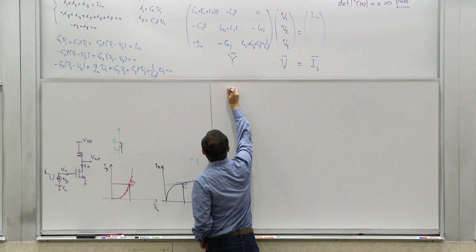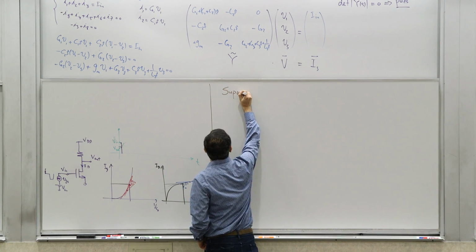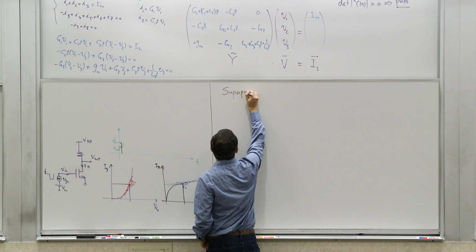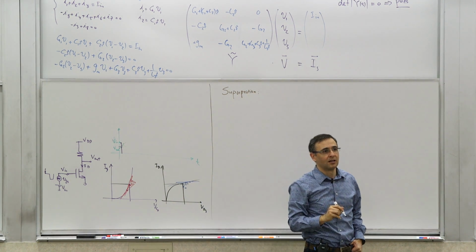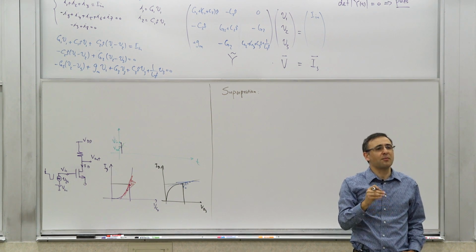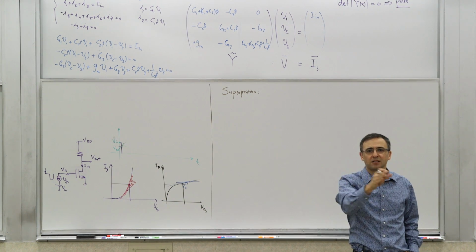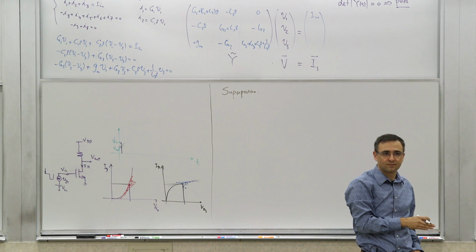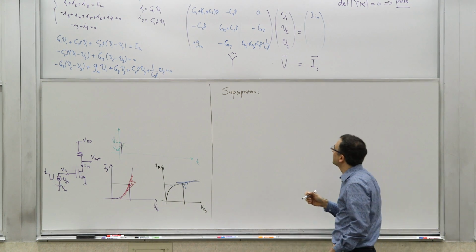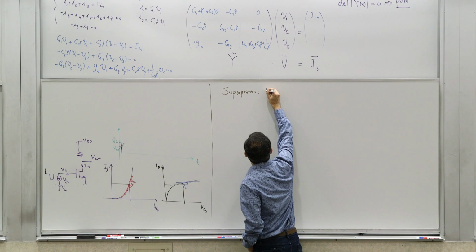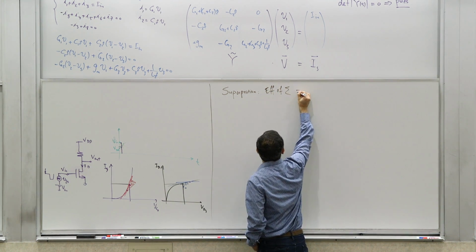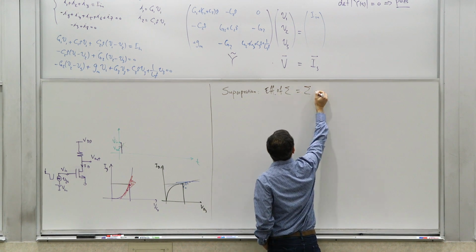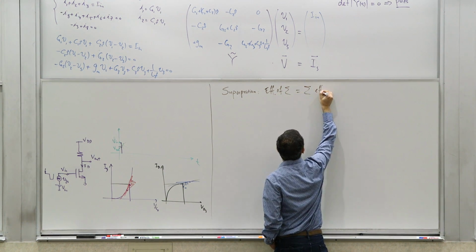The most prominent one, of course, for a linear circuit is superposition. It basically says that in a linear circuit, the effect of the sum of stimuli is the sum of the effects of the individual stimuli. The effect of the sum equals the sum of the effects.